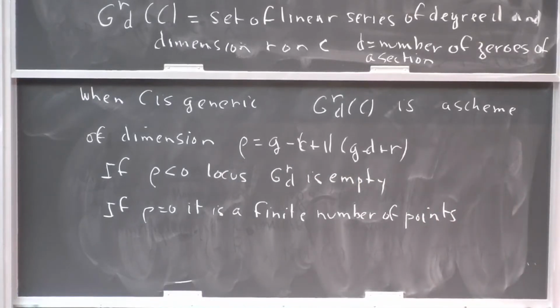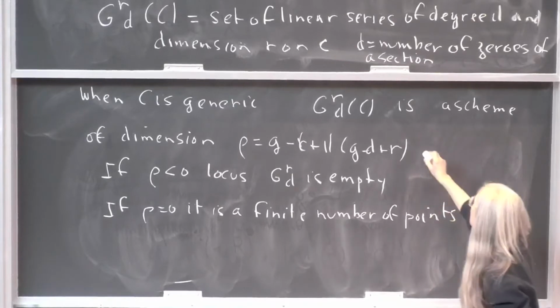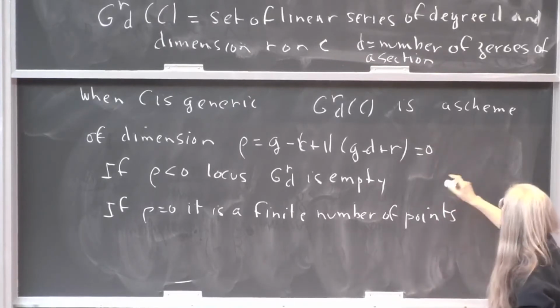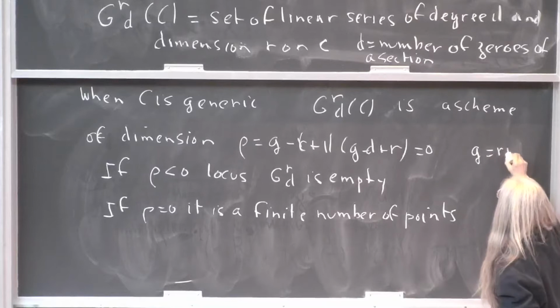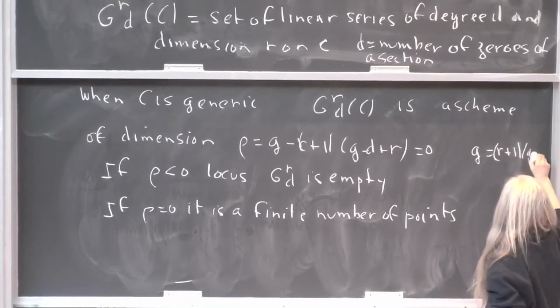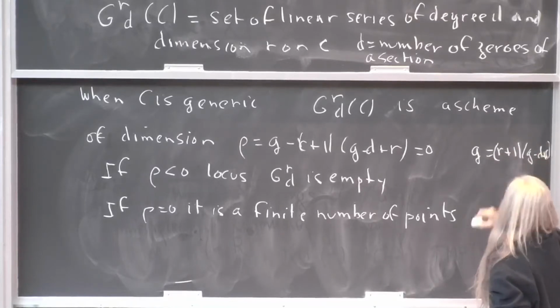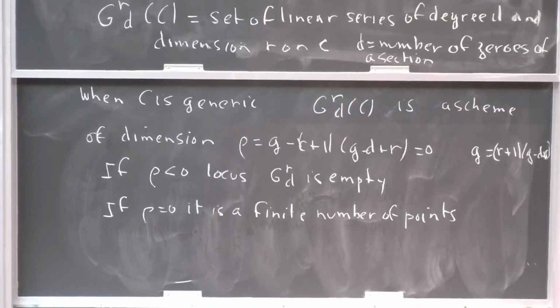They have a very natural combinatorial structure, which is the following. If this number is 0, what we are saying is that g is (r+1) times (g minus d plus r). Let's take a rectangle, which is r+1 by g minus d plus r.